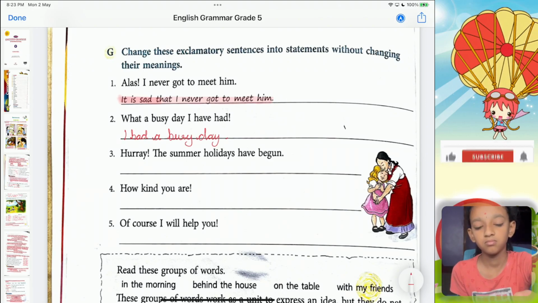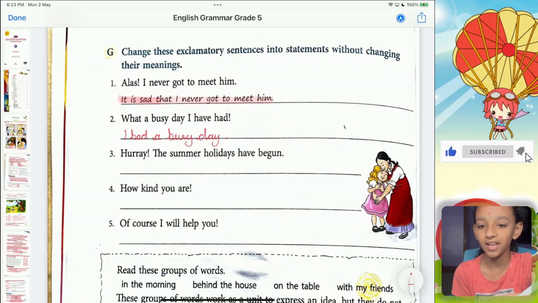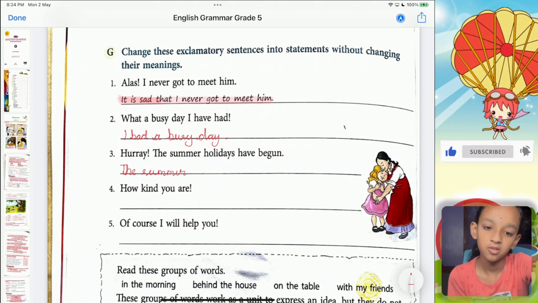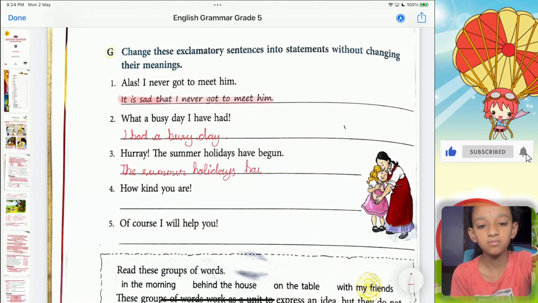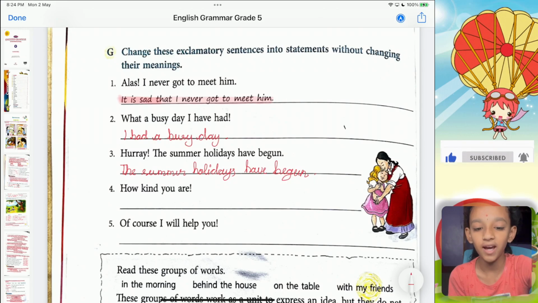The summer holidays have begun. Finally, the summer holidays have begun. You can simply say the summer holidays have begun. So the next one, how kind you are. Okay, so what do you say? You are so kind. Correct.